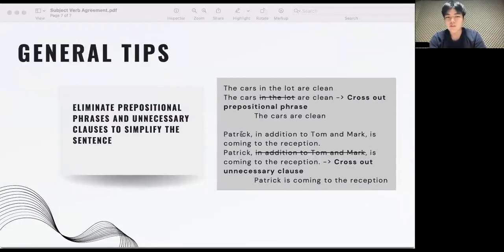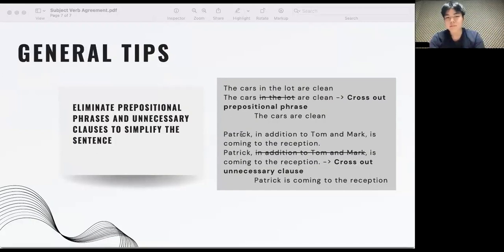So if you find yourself in a situation unable to identify the key aspects of the sentence, the advice here is to eliminate prepositional phrases and unnecessary clauses to simplify the sentence. If you do this properly, you can cut down the sentence to its simplest state to clearly observe the sentence's subject and verb and easily assess whether or not they agree.